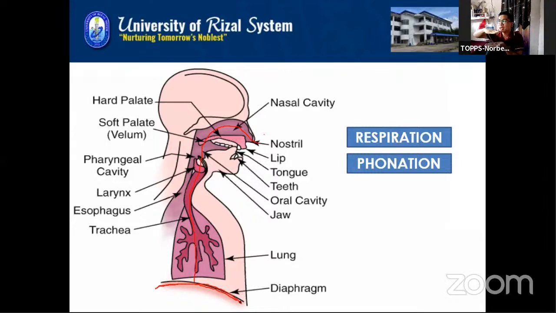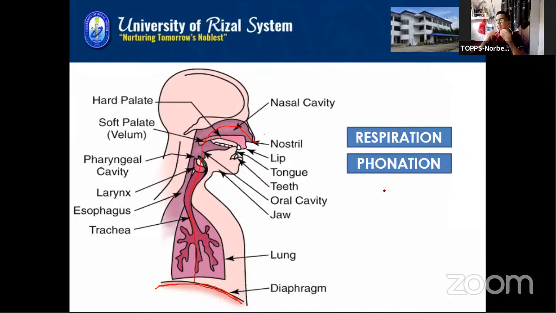So meron agad pressure doon. So once you breathe out the air coming from your diaphragm, the air bounces back. So bumabalik yung hangin. So when the air bounces back, it will now travel to your pharyngeal cavity. Ayan, which is now in the process of phonation stage.